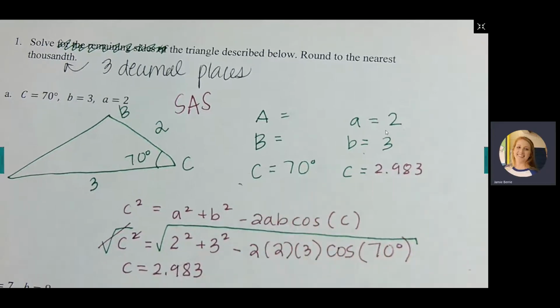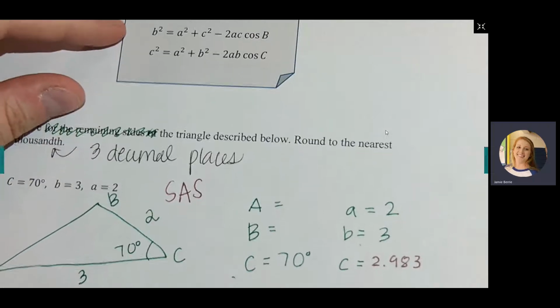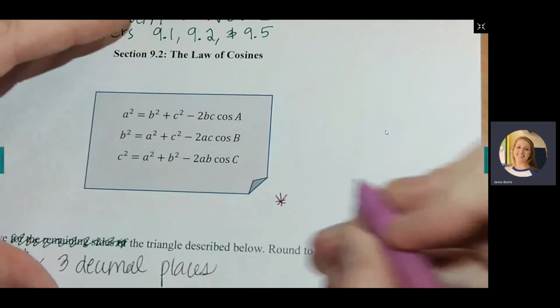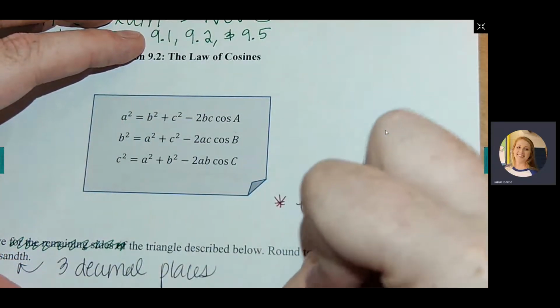So now that we have big C and little c, you can use law of sines to find the next angle. How do we know which angle to find next? My rule that I always go by is find the biggest angle first. Add that up here on your notes. Find the biggest angle first.